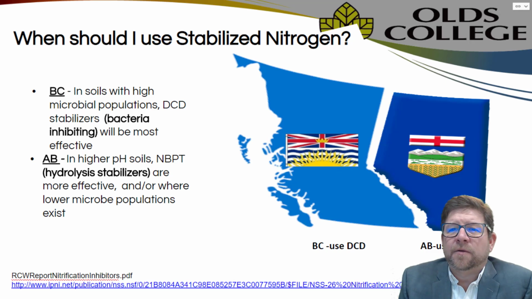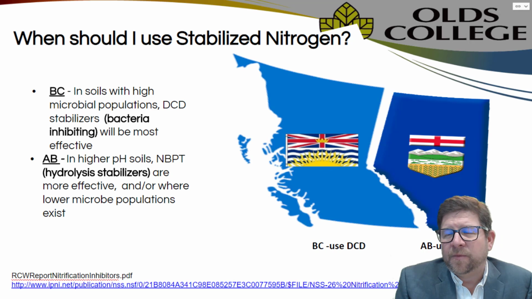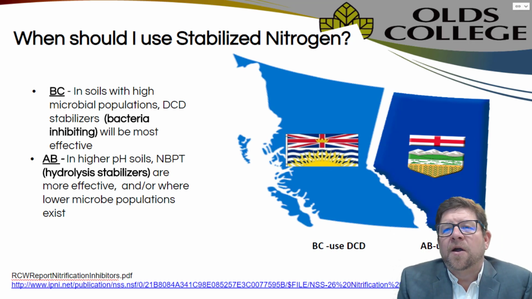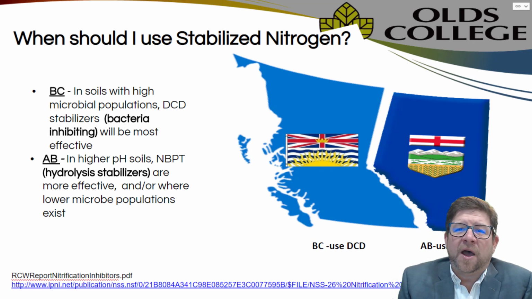Now, the question is, when should we use it? I mentioned a few minutes ago that our region plays a role here. Our regional and climatic conditions play a role in how fast we lose nitrogen or how fast it can become available. For example, in BC, we've got high microbial populations. More degree days means more microbes.